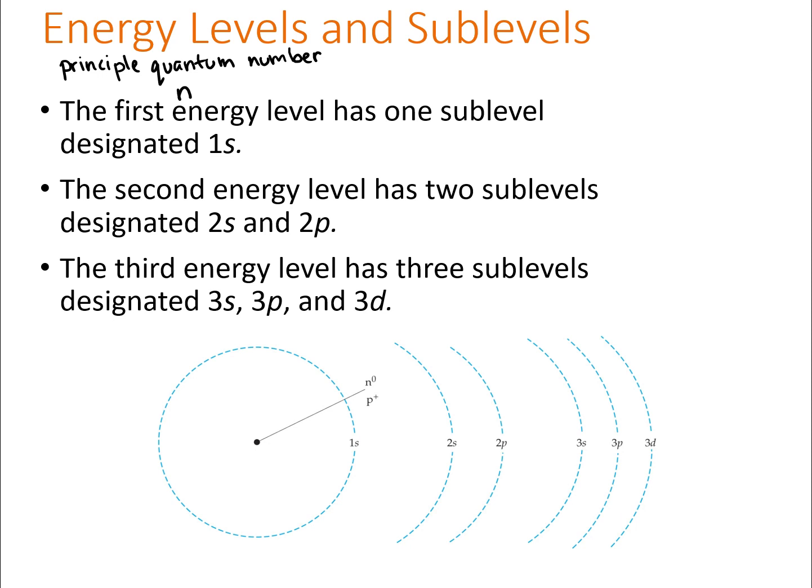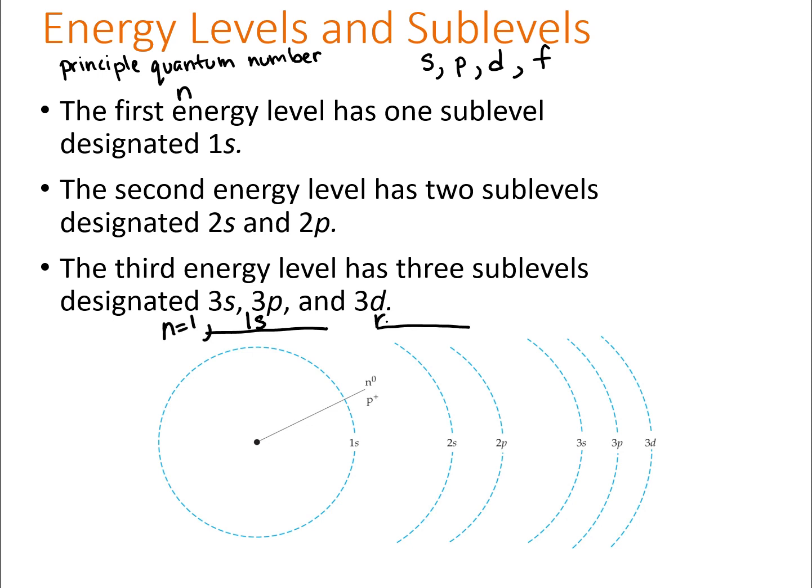In terms of energy levels, we've got 4 sublevels: s, p, d, and f. The first energy level, n equals 1, has 1 sublevel, and that's 1s.